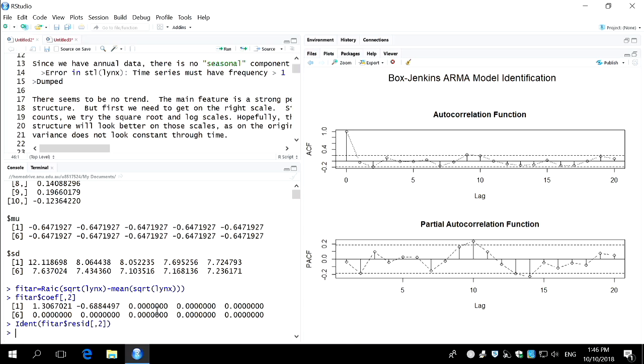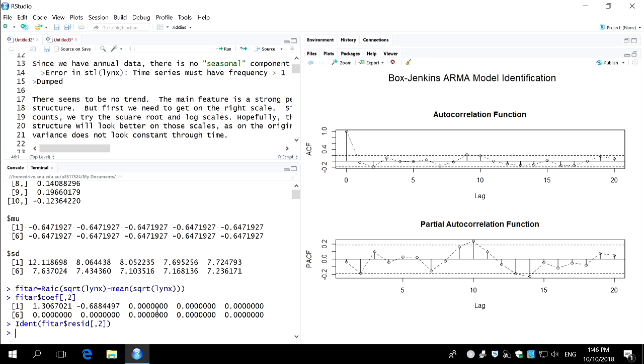And so we've ended up with a really simple model. And the really simple model says that the best you can probably do with this data is to say the square root of lynx is a constant plus an error which has dependence, which is modelled as an AR2.